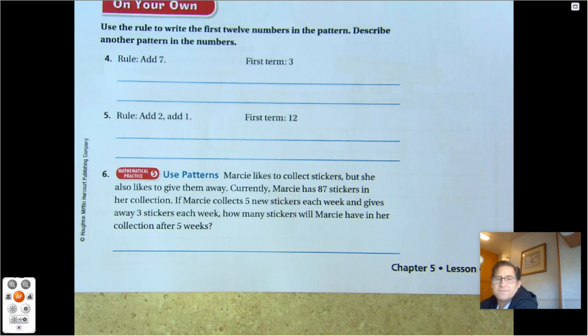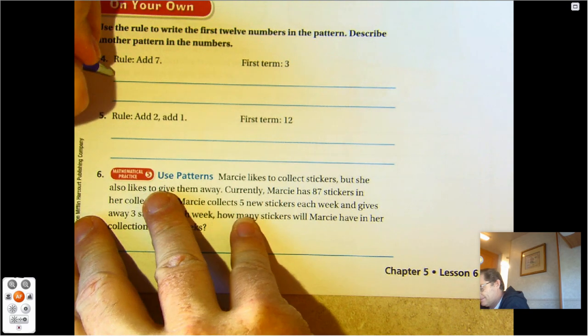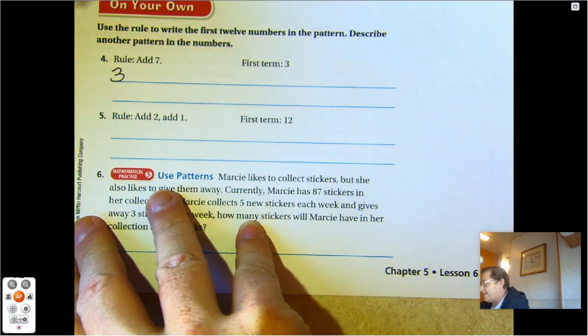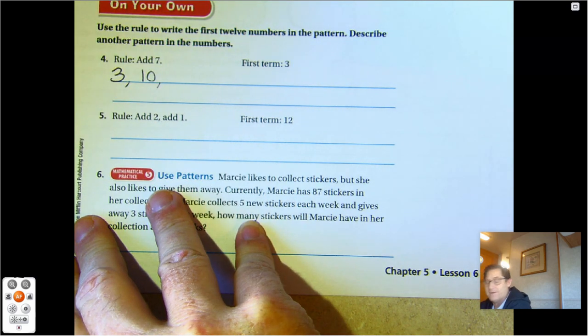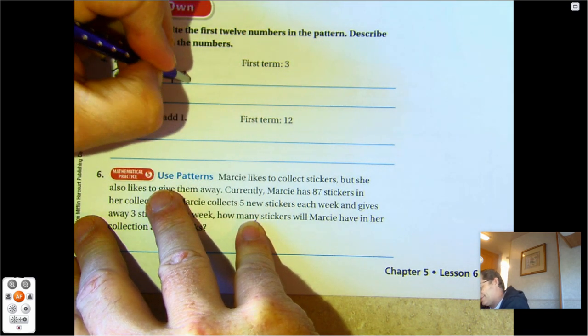Use the rule to write the first 12 numbers in the pattern and describe another pattern in the numbers. All right, so our first term is 3, and we have to add 7. So 3, if I add 7, that's 10. If I add 7 to that, 17.